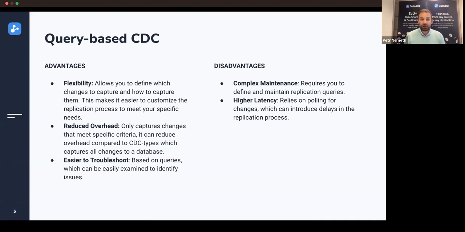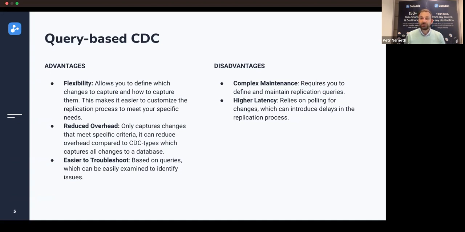The second is there is a reduced overhead, meaning that because you have the ability to granularly define what your select query is, you can specifically target and easily define what a change means for you. And because it's based on a query, on the individual level it's easy to troubleshoot, because it's still again running a query, so it's as complicated as inspecting any other database query, so fairly simple.